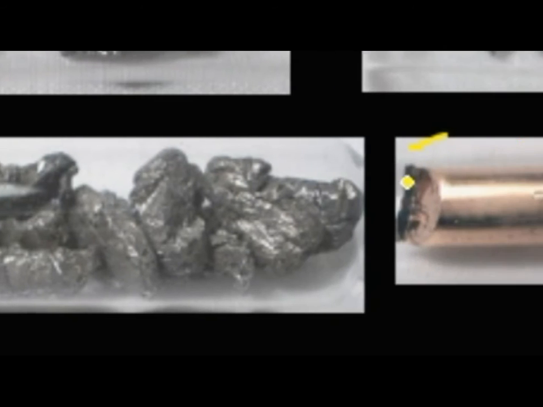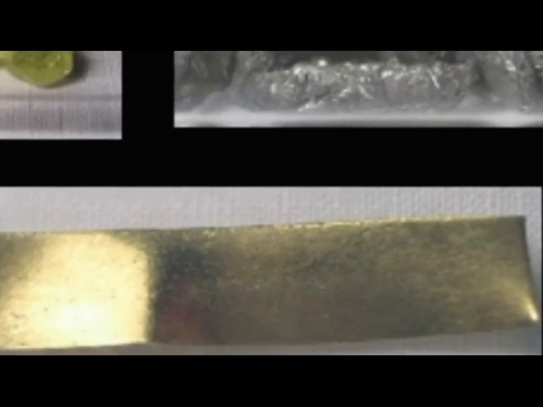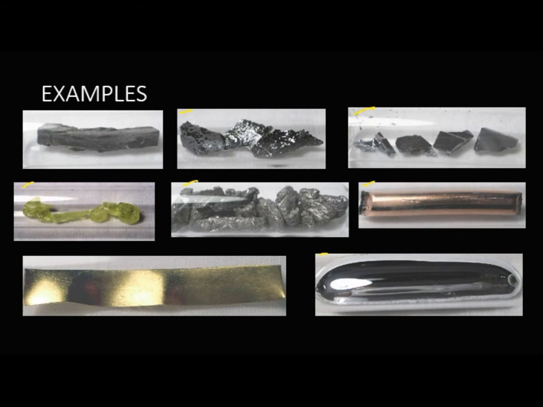Next is a lump of calcium, and of course many of you are familiar with this kind of metal. They are used in electrical wirings, which is called copper wire. So this is the element copper, and we have here a gold sheet at the bottom, and then a small amount of toxic mercury. So these are just a few examples of the elements listed here in the periodic table.